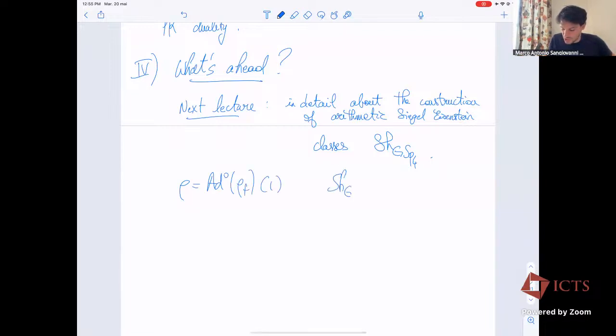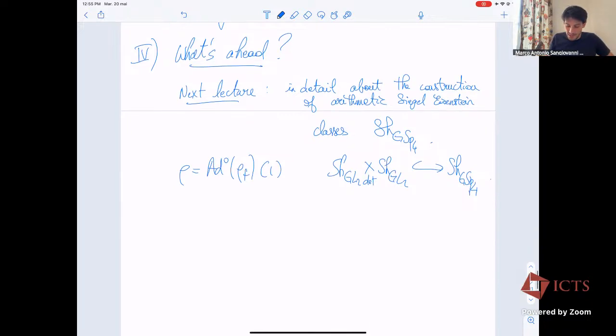And so the picture is that you have the Shimura variety of GL2 times the Shimura variety of GL2 inside the Shimura variety for GSp4. And I will do all the construction except integrality.